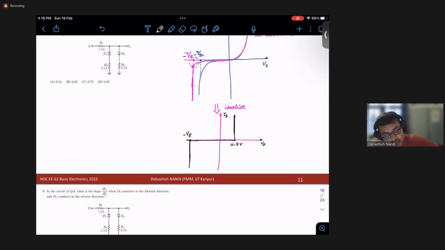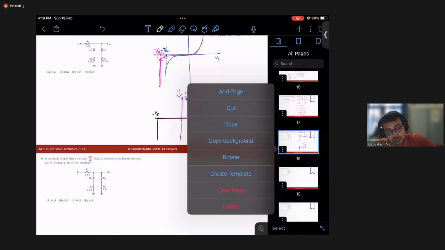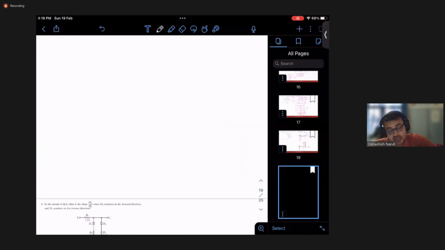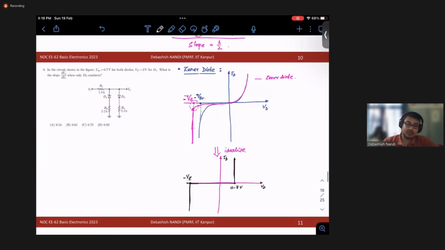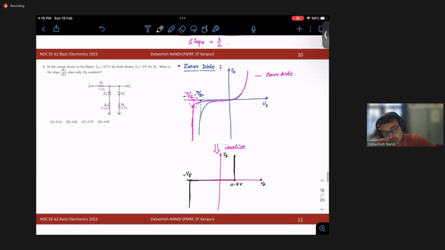So what is the application? The application is these Zener diodes are used in voltage regulator circuits, right? So you can use this to make sure that potential across a voltage is fairly constant, right? So you can use it in stabilizers also sometimes.